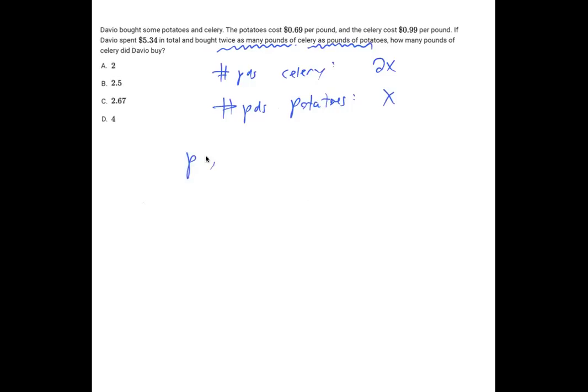So now we can start with our price times quantity statements. And this is all going to end up at $5.34.